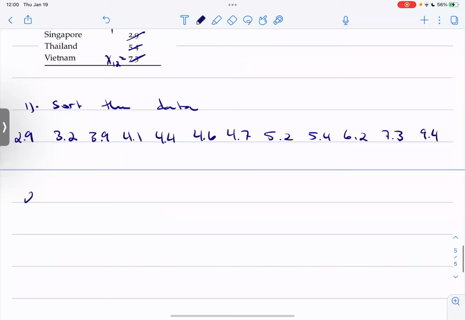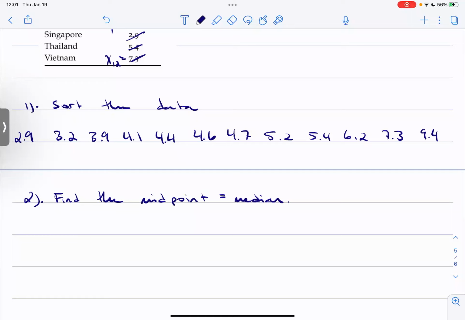Step 2, find the midpoint, which is the median. I use my very fancy patent pending boop, boop, boop method, where you take 2 fingers and boop your way into the middle.